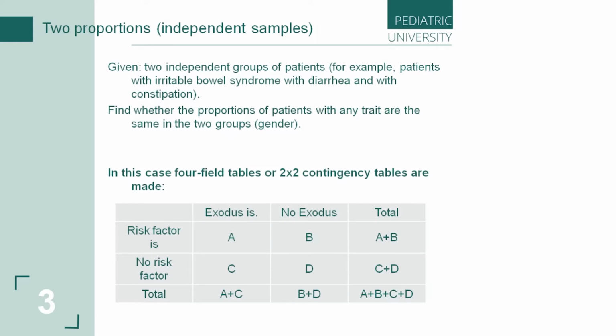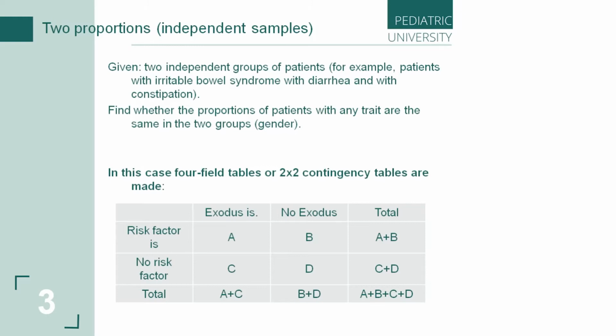We need to find out whether the proportions of patients with some trait are the same in these 2 groups. So, whether the manifestation of irritable bowel syndrome is greater in men or in women.